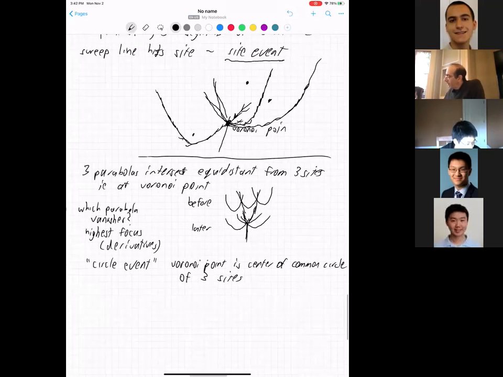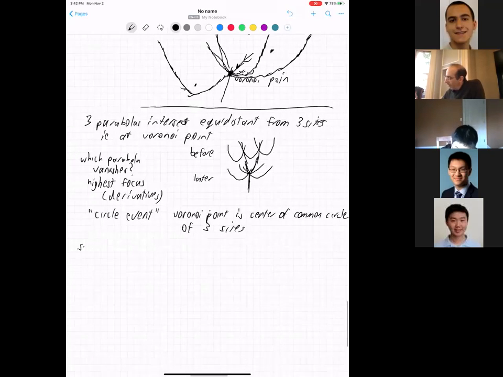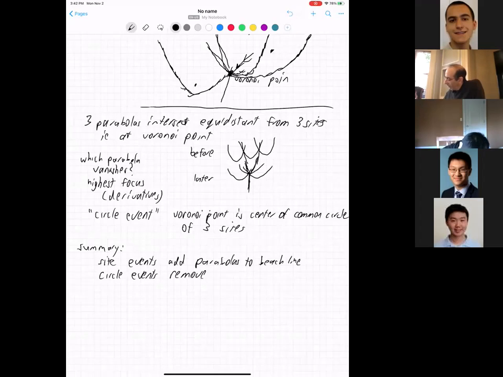Okay, so the summary is that we have site events which add parabolas to the beach line. And we have circle events that remove parabolas from the beach line. Okay.